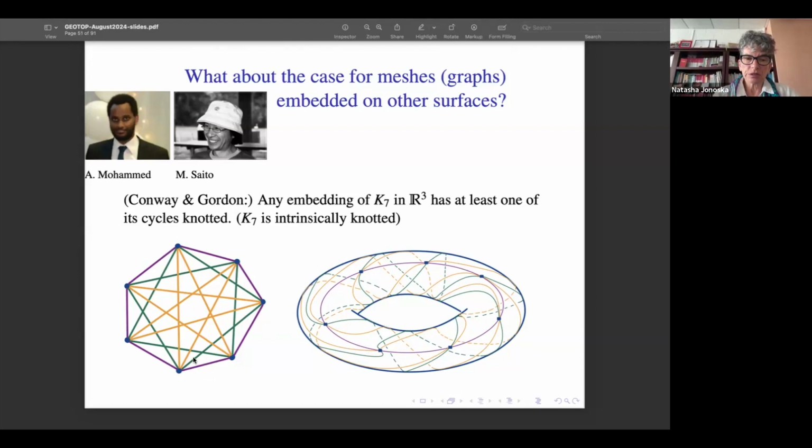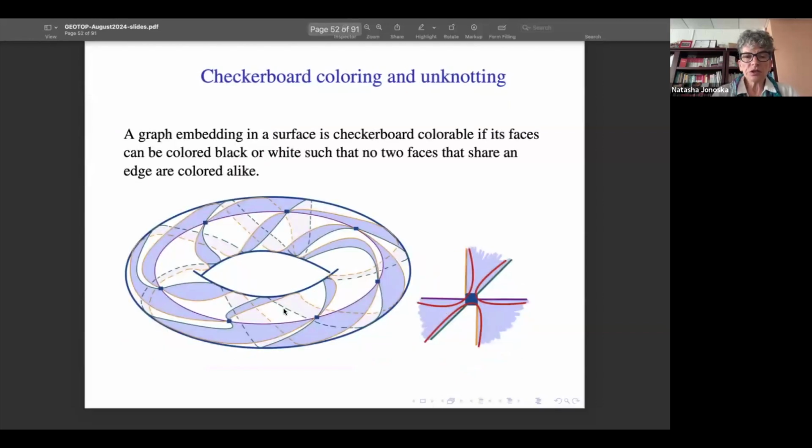So the 3 cycles that I have identified here are purple, green, and yellow. The purple goes like this, and the yellow moves around, and the green also. The interesting thing is that I can do a checkerboard coloring. And once we do a checkerboard coloring on this embedding, we can produce an A trail.